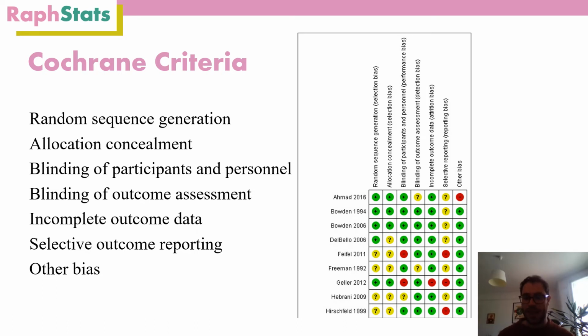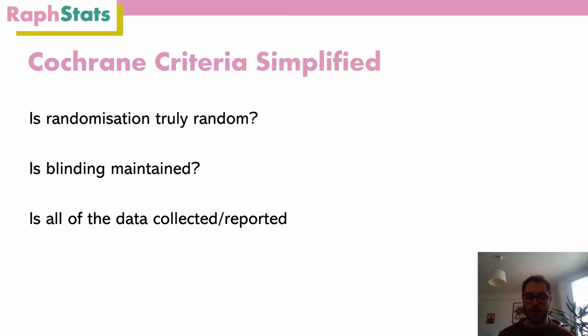You'll often see these tables on the right-hand side in Cochrane reviews. Essentially, I think the Cochrane criteria simplify down to: you've got a randomized controlled trial, and the first question is, is the randomization truly random? The second question is, is the blinding maintained? The third question is, have we properly collected and reported all the data?